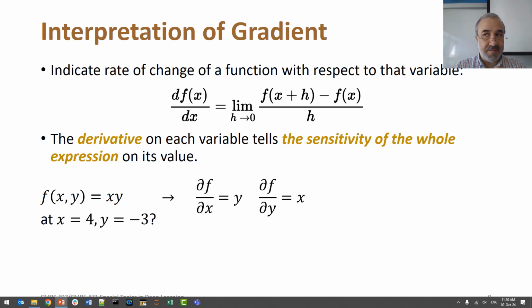Are you following with me? So with these values, x is 4 and y is minus 3, if we change x a little bit, how will that affect f? Minus 3 times that small value, right? So it will get smaller because of the value of y, and so on also for the derivative with respect to y.